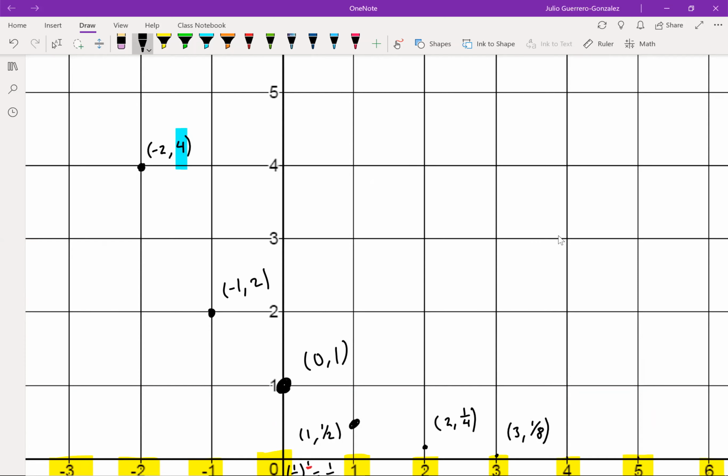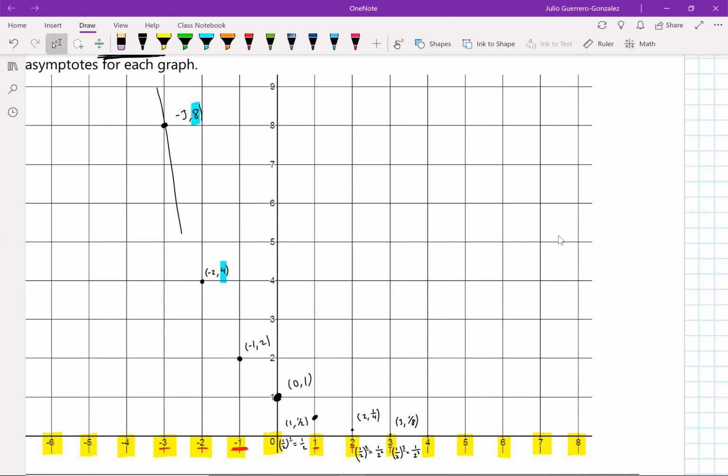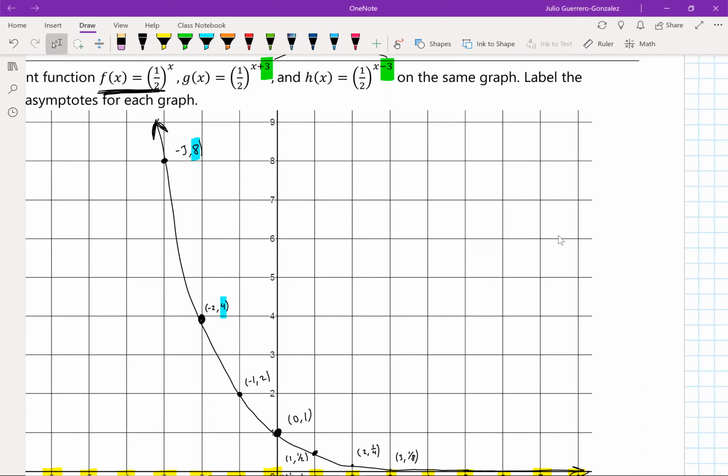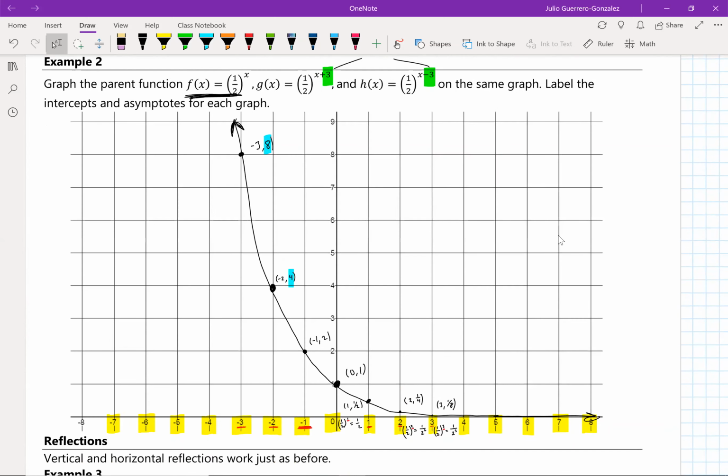Okay, so we've got some points here. I'm going to take it back to kindergarten and connect the dots. Make this dot fat enough so it'll actually show, there we go. Okay. So now, let me actually finish up this example really quick before I blow your guys' minds.